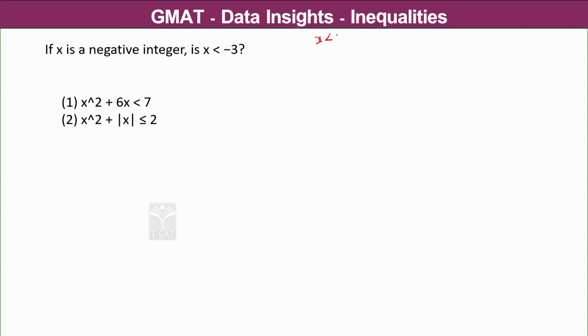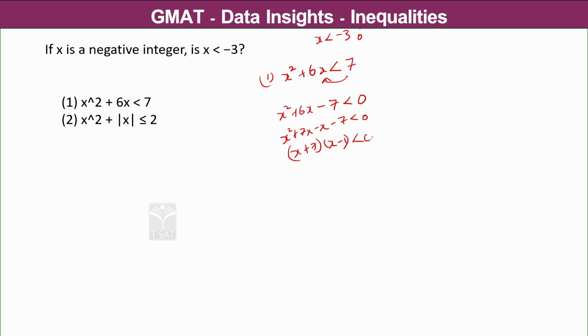The question is asking us whether x is less than minus 3. Statement 1 is telling us that x square plus 6x is less than 7. Taking 7 to the other side, you have x square plus 6x minus 7 is less than 0. So, this is x square plus 7x minus x minus 7 is less than 0. So, (x plus 7) into (x minus 1) is less than 0.